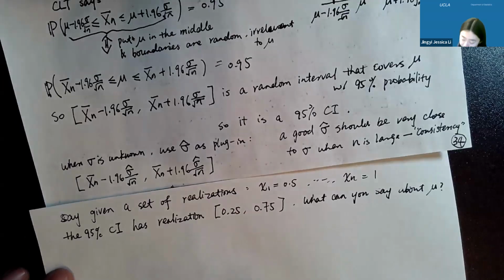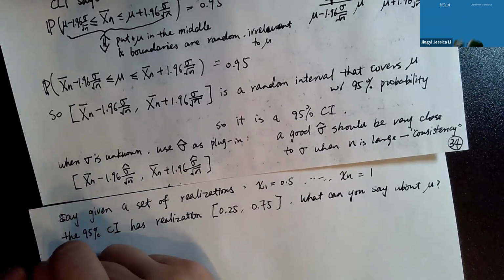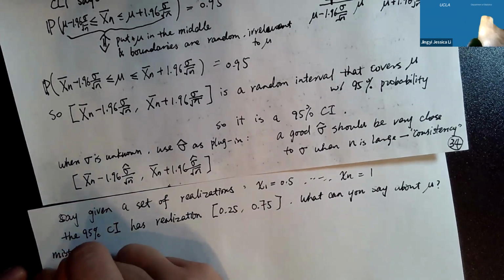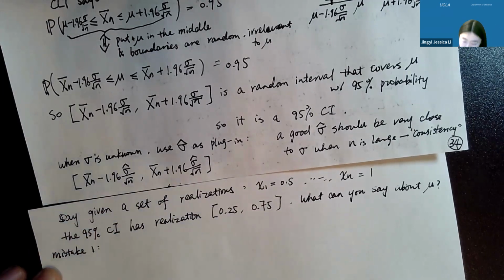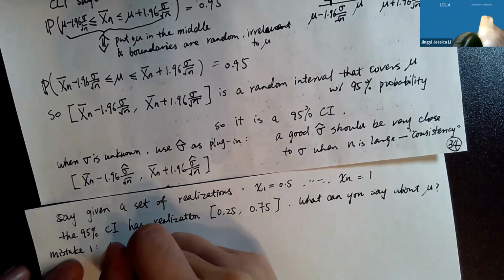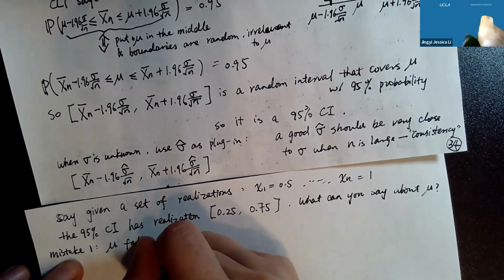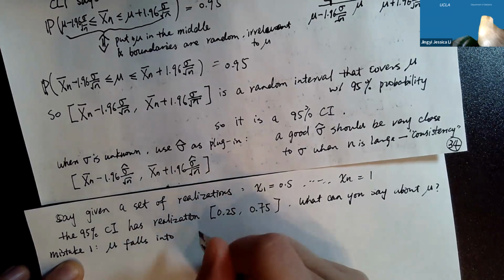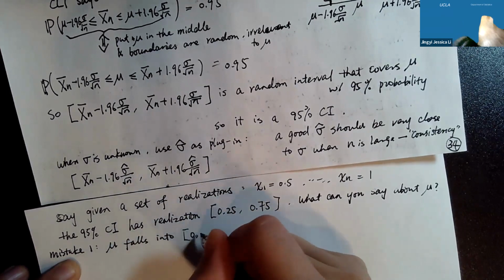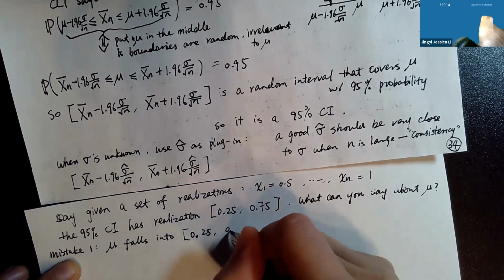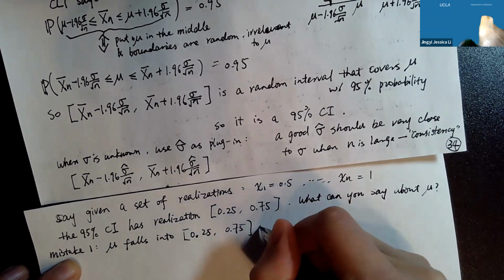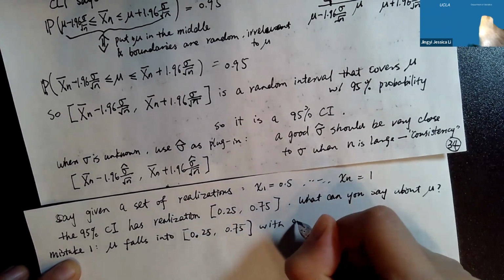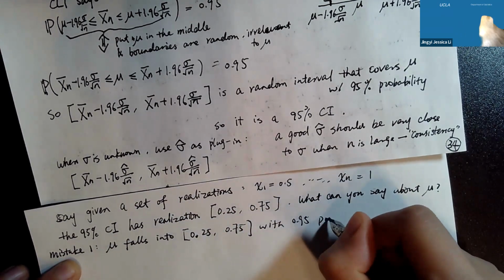Okay, so the first mistake people make is to say that mu falls into this interval with 95% probability.